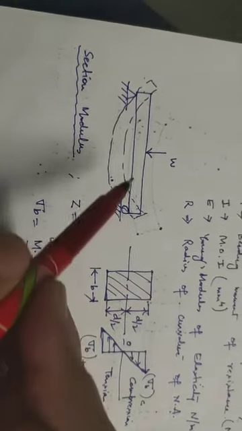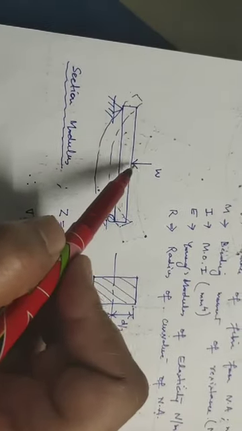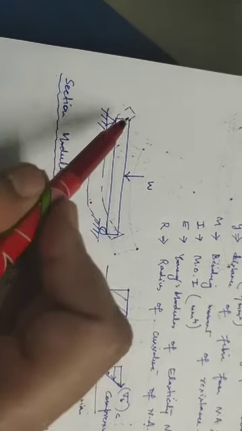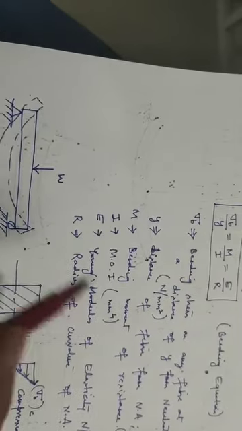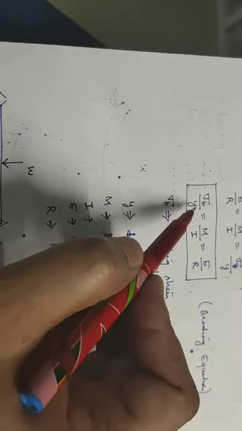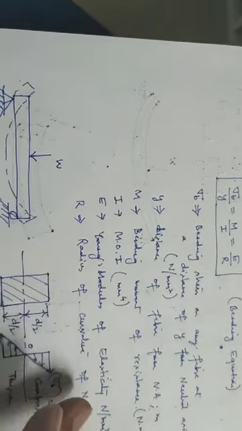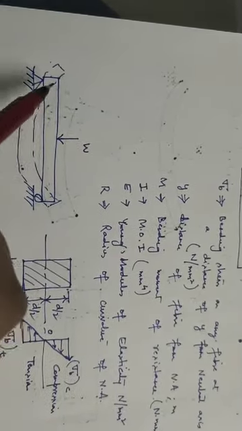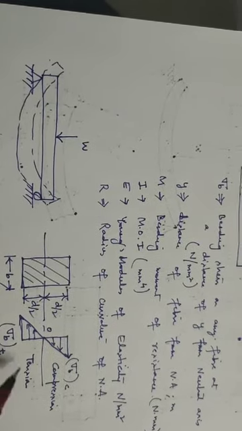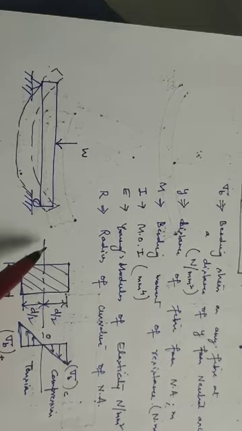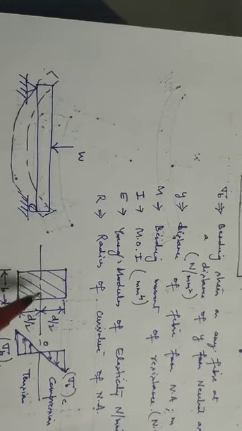So whenever any beam is given to us, load acting on the beam will bend it. Thus we will find the bending stress in the beam at any point which is distance y from the neutral axis by using this equation. And in this case, this is the stress strain diagram, and the cross section of the beam that will vary. And I is the moment of inertia about this axis.